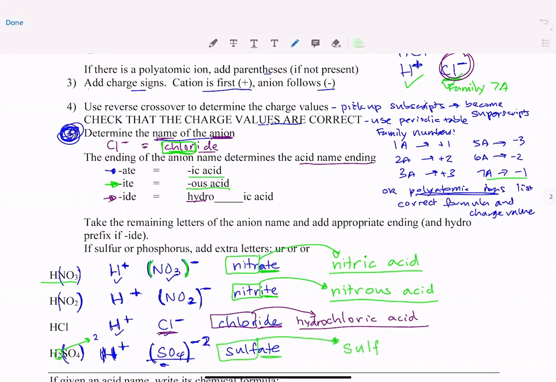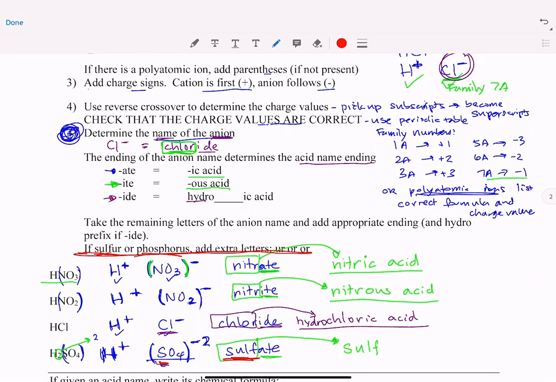But let's add this, I'm going to switch to red here. When you have sulfur or phosphorus, you actually need to add in a few extra letters. Sulfur, or phosphorus, that would be the element symbol P. If you have sulfur or phosphorus as part of your acid, then you need to add a few extra letters in.